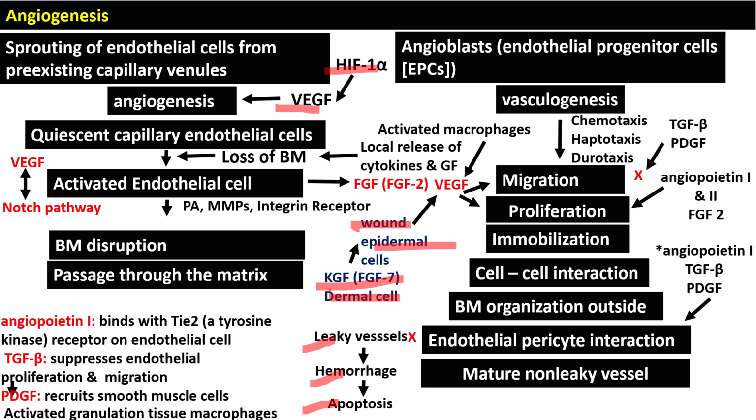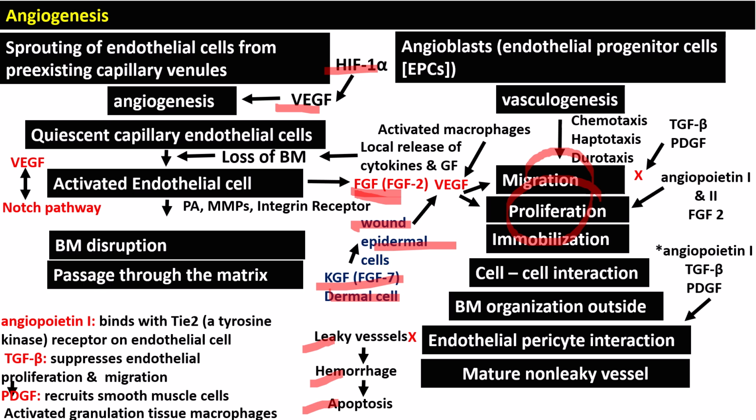So VEGF is critical for endothelial survival, differentiation, and migration. If there is a splice variant presence, it guides vessel branching via gradients, soluble or matrix bound. So FGF2, that is also termed as basic fibroblast growth factor, promotes endothelial cell proliferation, and attracts fibroblasts and macrophages.